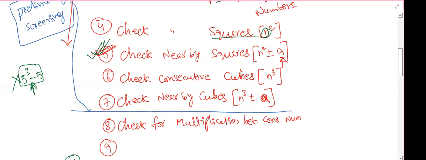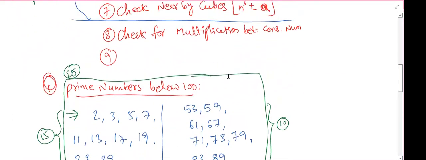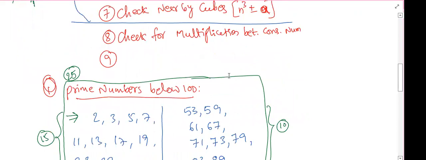Basic checking. We compare these 7 steps to first aid. First aid is the immediate action to be taken. If the preliminary screening is over, then we can enter the second stage.